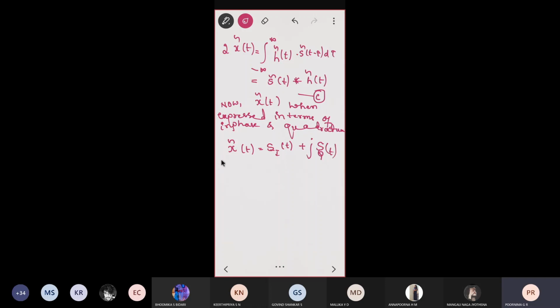Scale this whole equation by 2. Because we know 2 x tilde of t, when I scale it by 2, the left side will be 2 multiplied with x tilde of t, which is equal to twice the in-phase component of the bandpass signal plus j times twice the quadrature component of the bandpass signal. You can call this equation D.